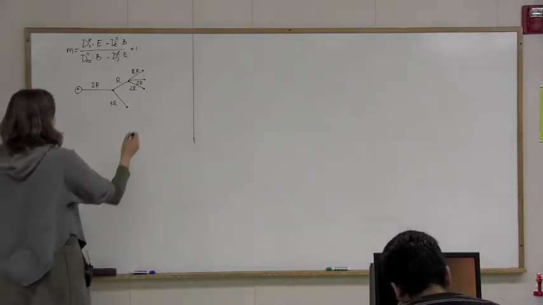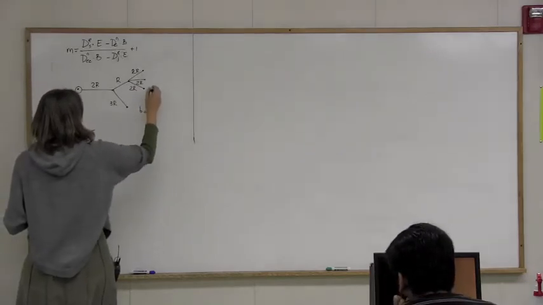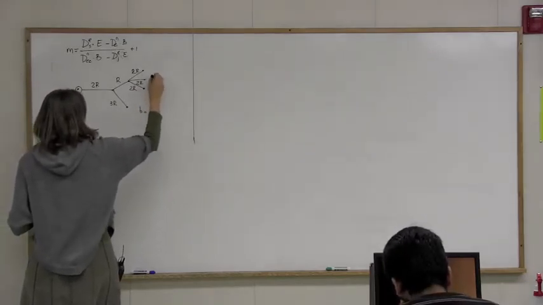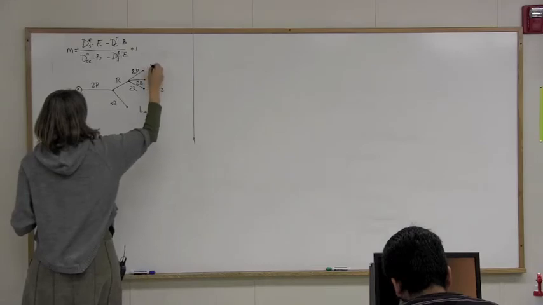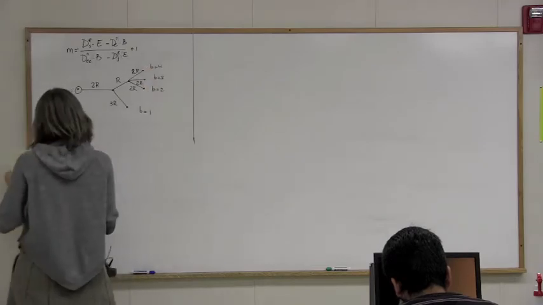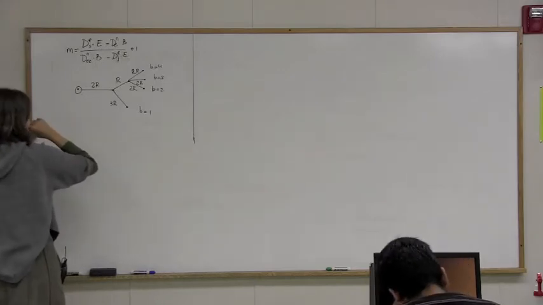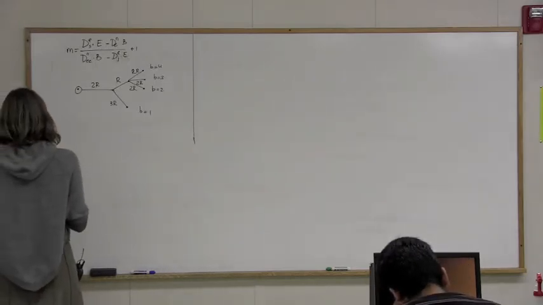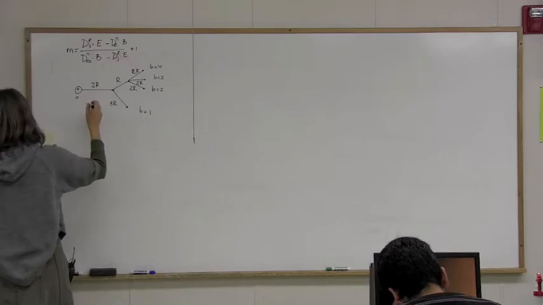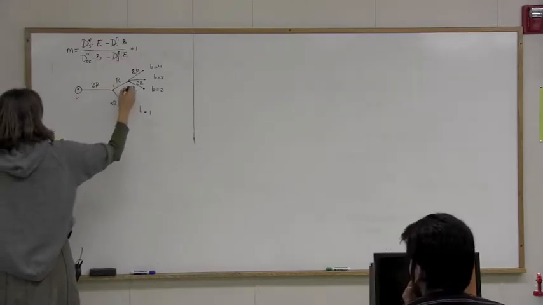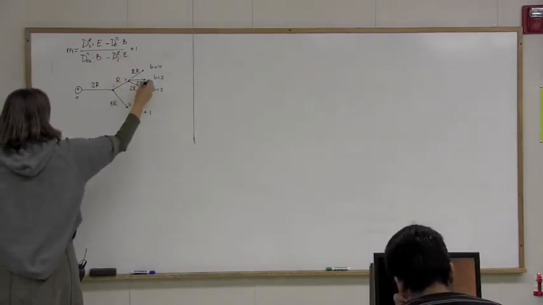Okay, and this was branch 1, branch 2, branch 3, branch 4, 4 branches, and we call this guy 0. I guess that's okay, just the name. So 0, 1, 2, 3, 4, 5, 6.